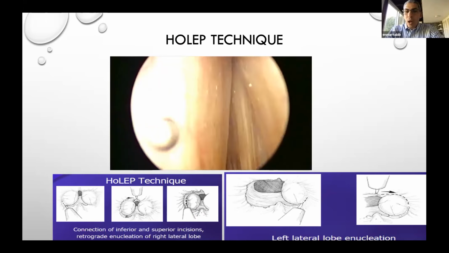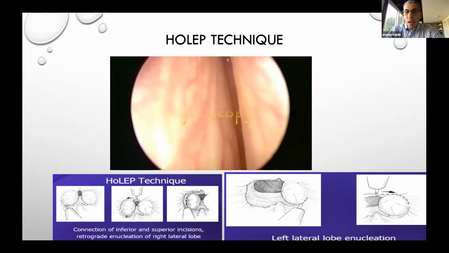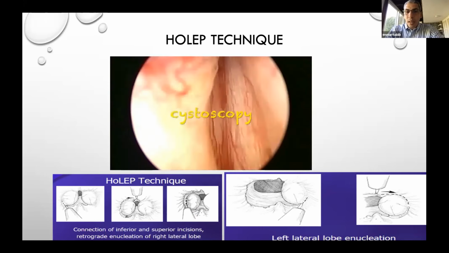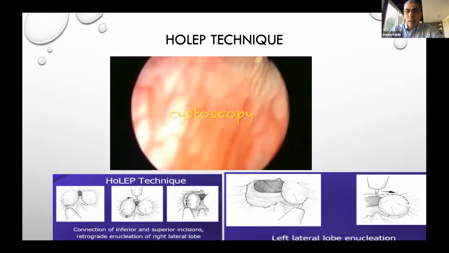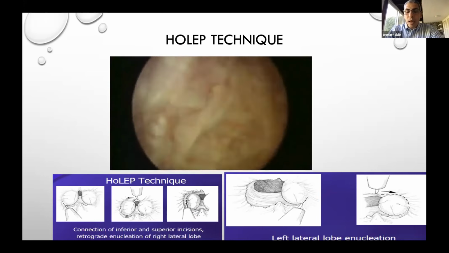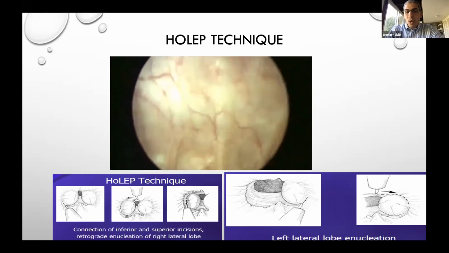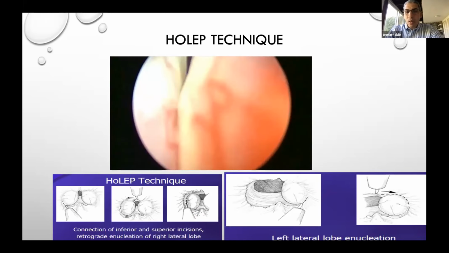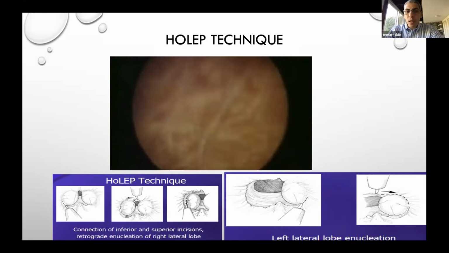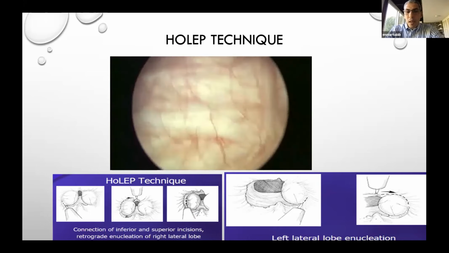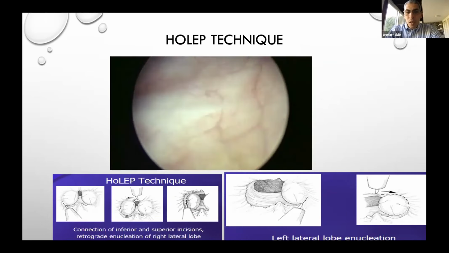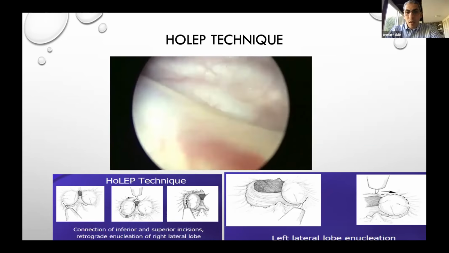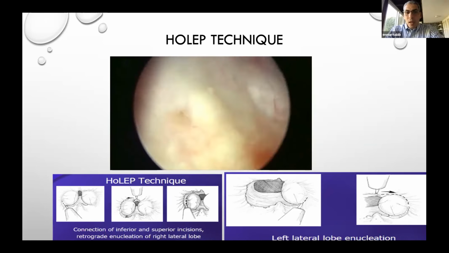You do what you do with your finger in the open Millin prostatectomy, but instead of using your index finger, you use the tip of your endoscope together with the laser. In this video, I am presenting a patient with a 185 gram prostate with two lateral lobes and a median lobe. The operation starts with the regular cystoscopy to check the ureteric orifices and to exclude any pathology in the bladder.